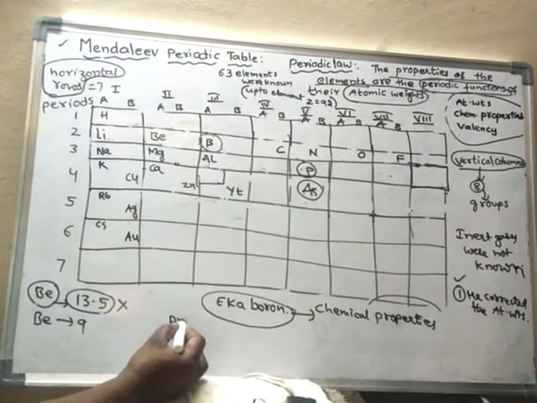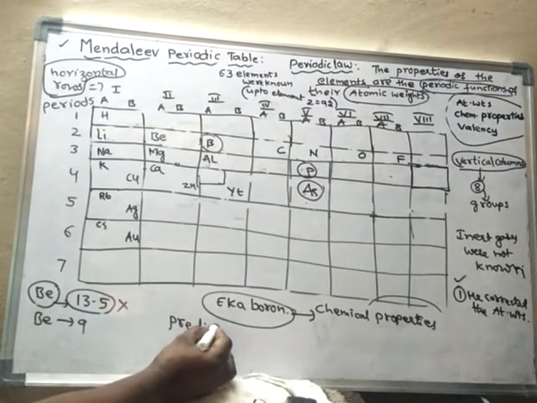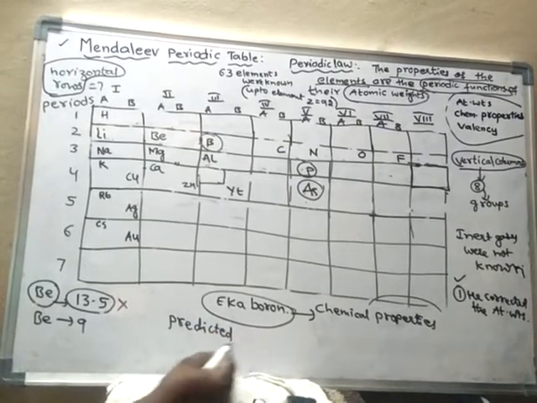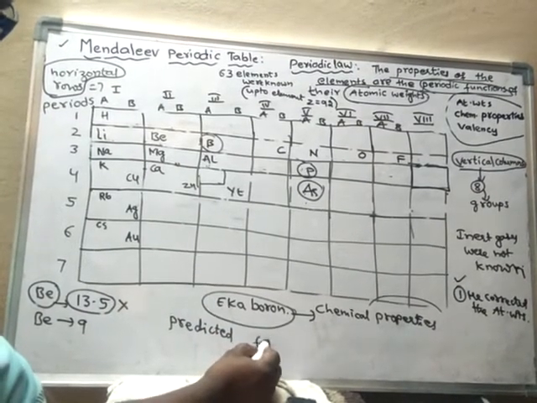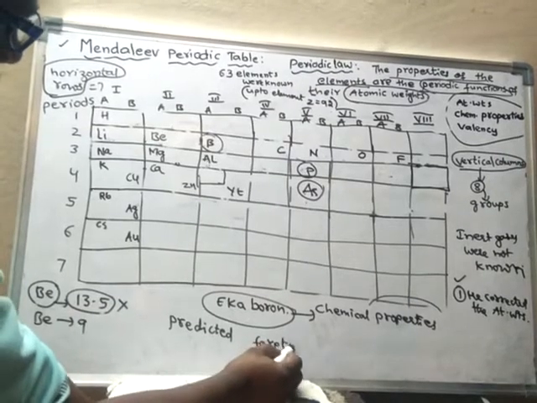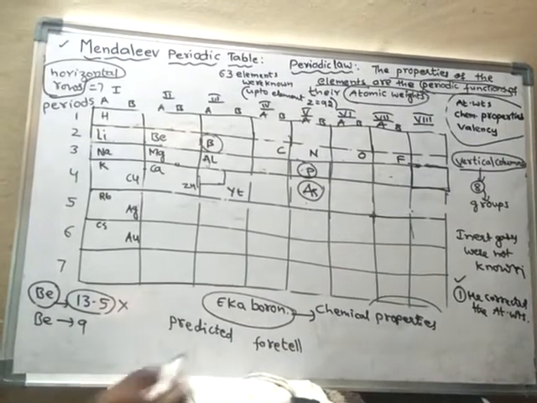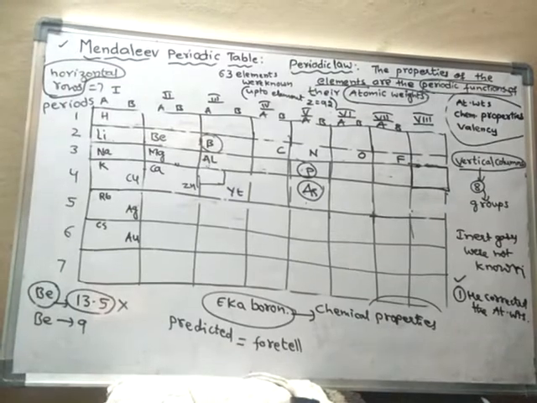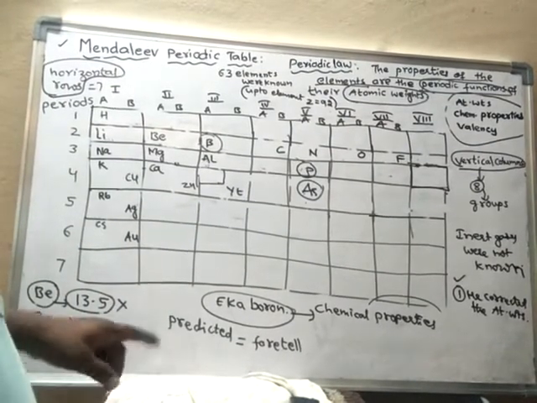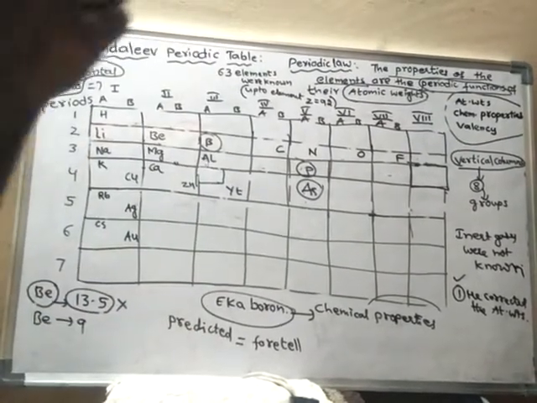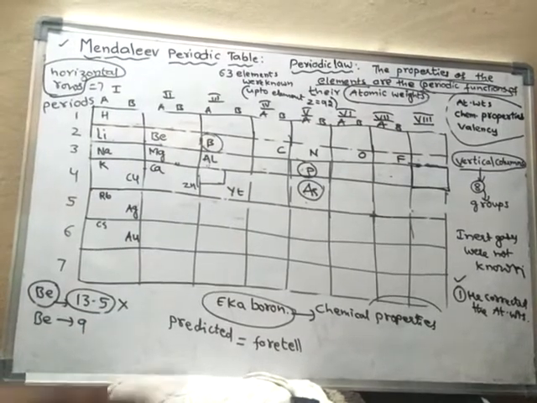It was predicted. What is the meaning of predicted? Predicted means foretell. What is the meaning of foretell? Foretell means munde uhinchi cheppadam, that means to tell the things before only.